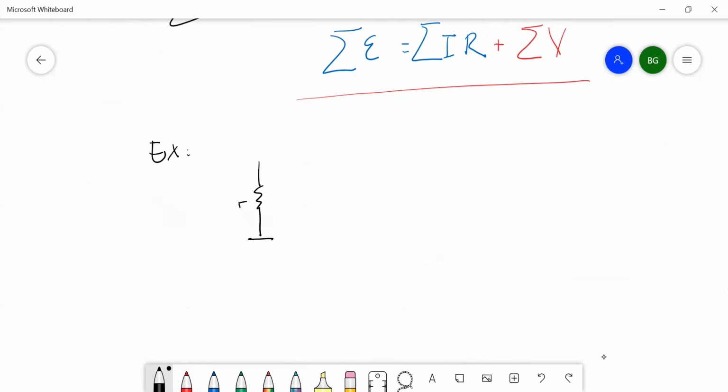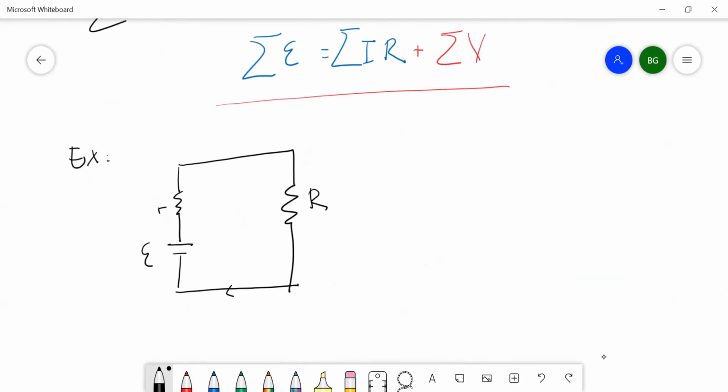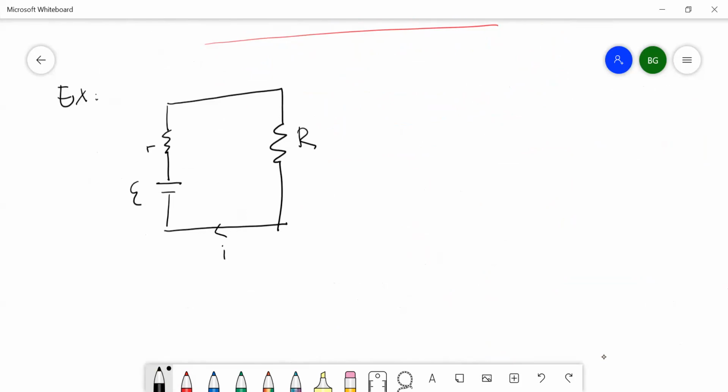This is little r, this is epsilon, and this is capital R. So there is I here, for example. I here, because we talk about direct current, so this is a constant.